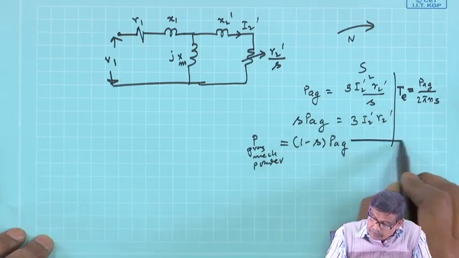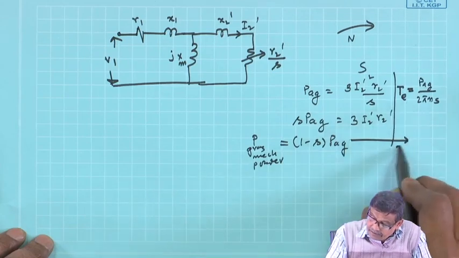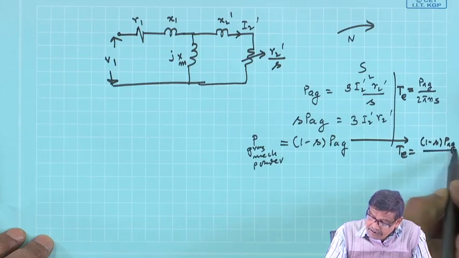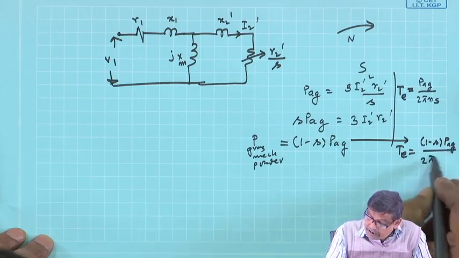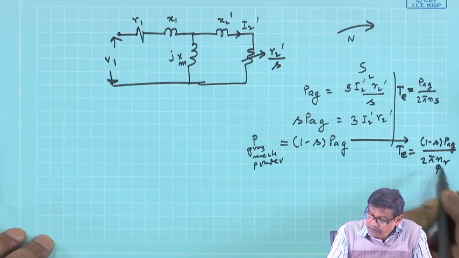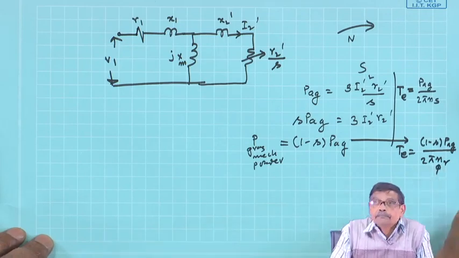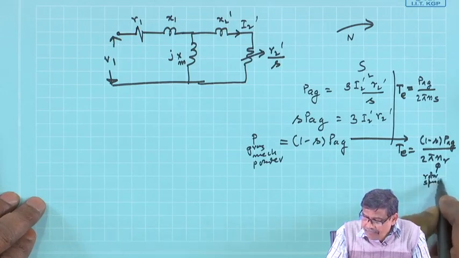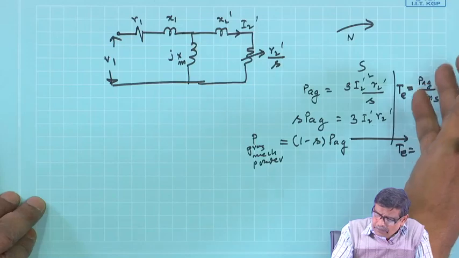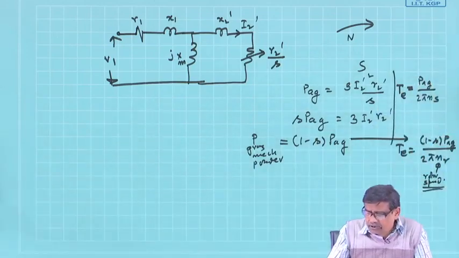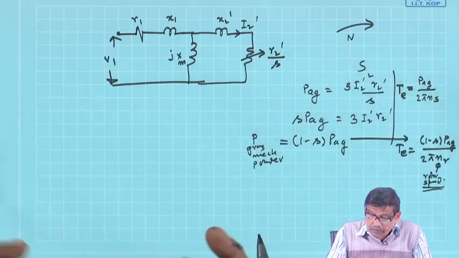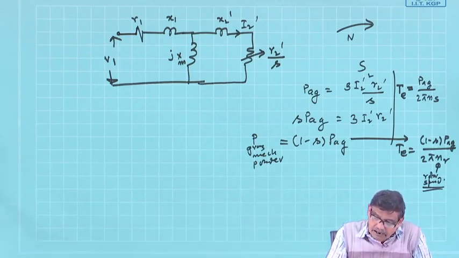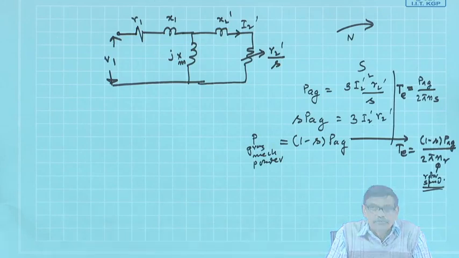Or from this expression, if you calculate, T will be (1 minus S) PAG by 2 pi nr, where nr is the actual rotor speed in RPS. So, it is a good practice: calculate PAG, do not go up to that level, and the gross electromagnetic torque developed by the machine can be calculated, because the machine is running at steady state with some particular value of slip.